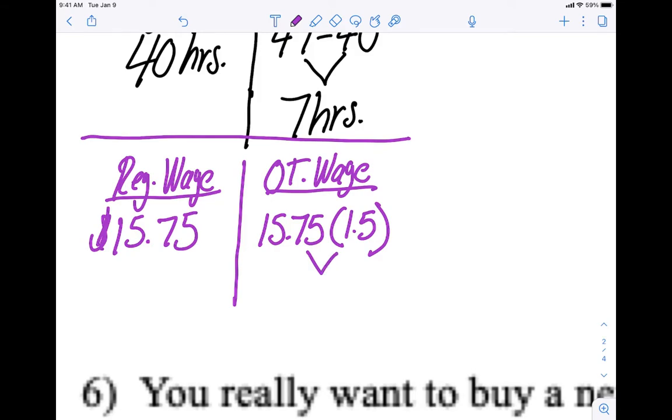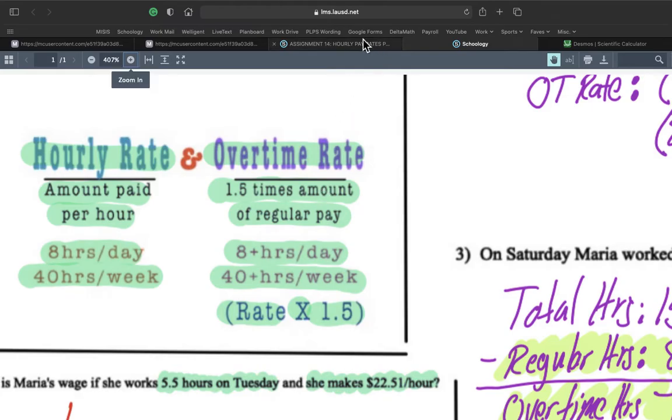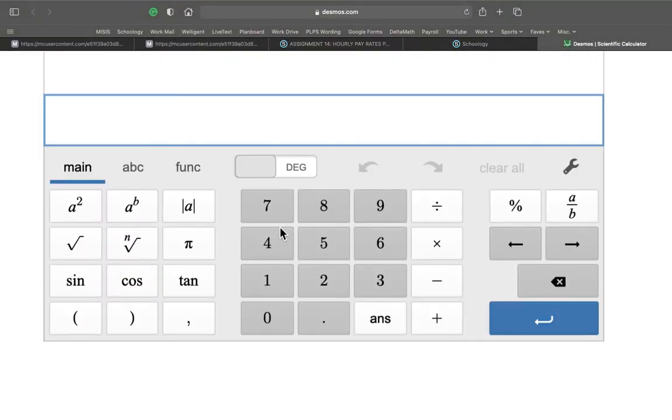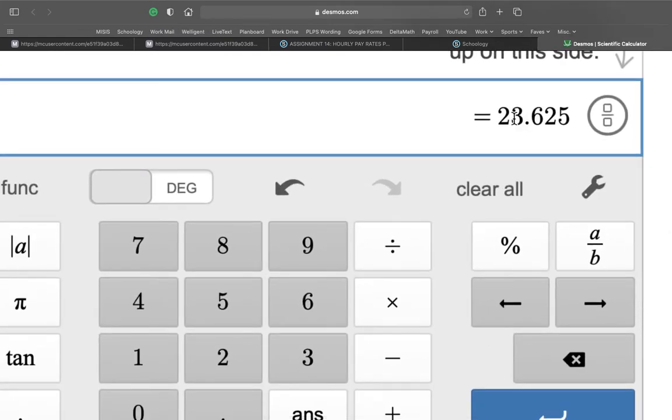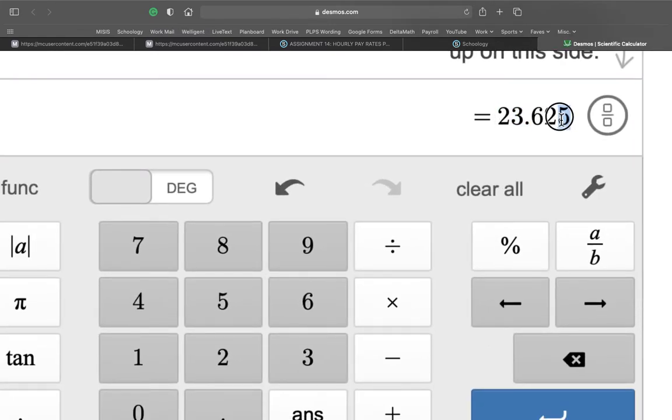So what do we get from here? We go to our calculator and say 15.75 times 1.5. That gives us 23.625, but the 5 is going to push the 2 to a 3, so it's going to be $23.63.